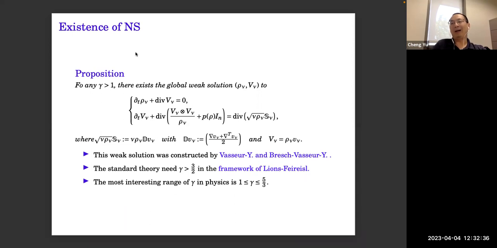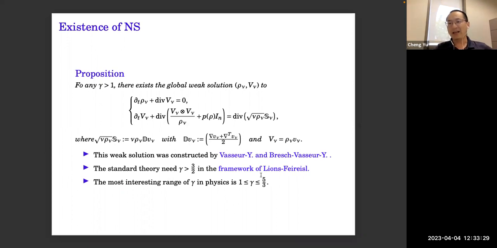He borrowed the idea of renormalized solutions from his joint work with DiPerna in 1989. But his result needed gamma bigger than 9/5, and later Vasseur improved the value of gamma, but that was still for constant viscosity. Physically, however, the viscosity terms may be functions of the density. What I mean is that mu and lambda are possibly functions of the density rho.